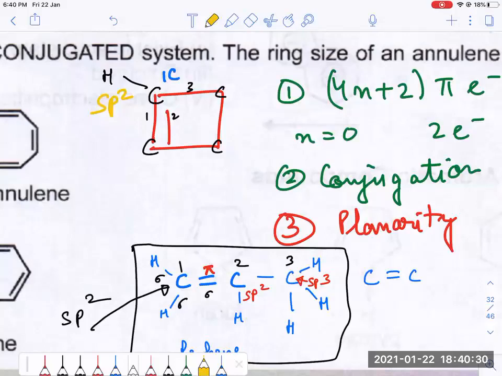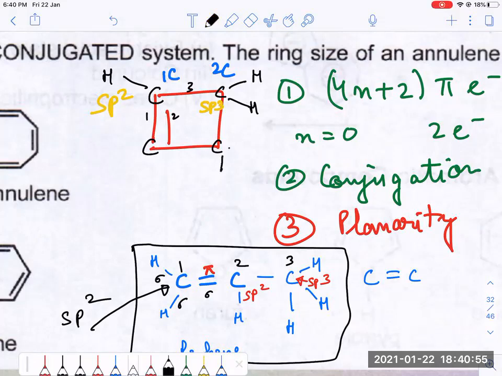Now, let's check this second C. Please tell me about second C. Sir, sp3. Yes, it is sp3. Let's write down sp3 here. Why? Because 4 sigma bonds are present, as you can see.